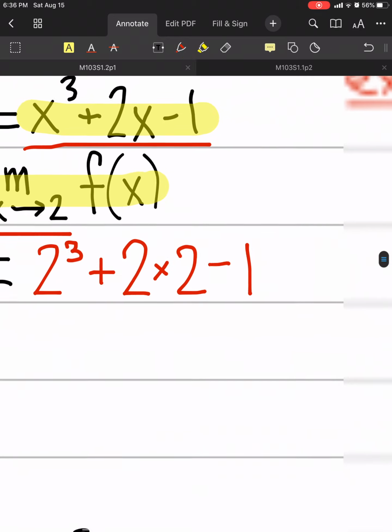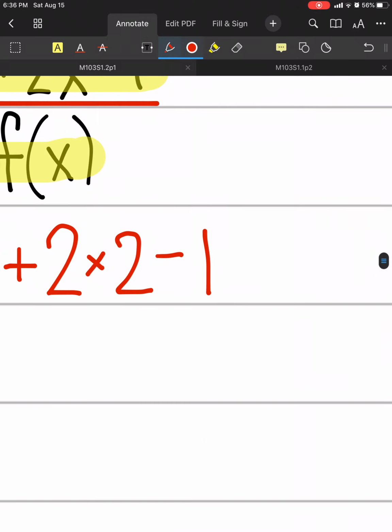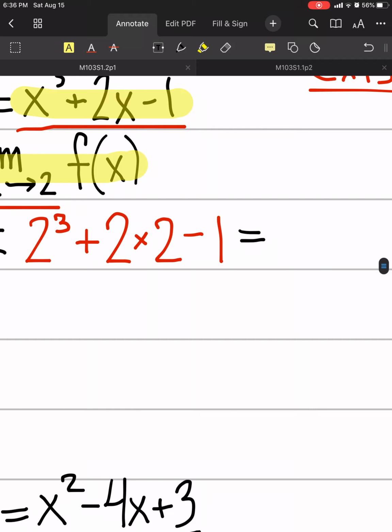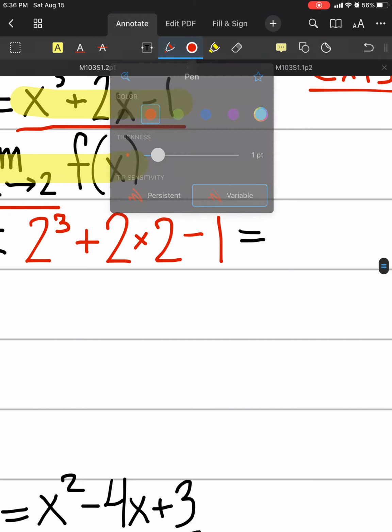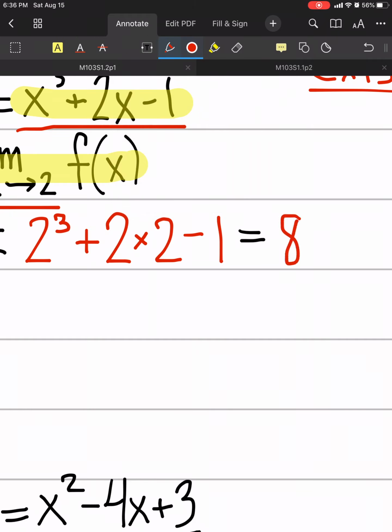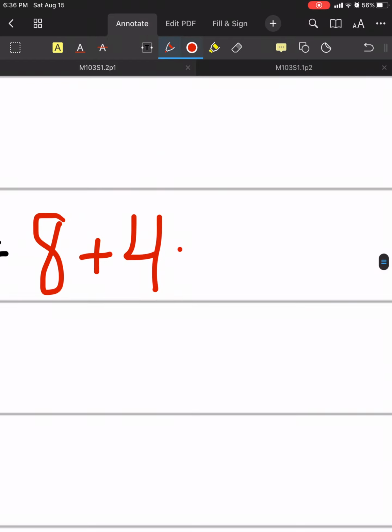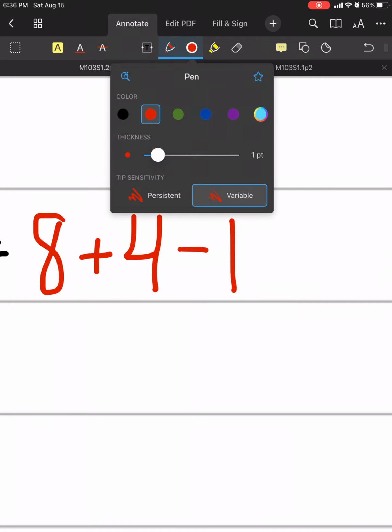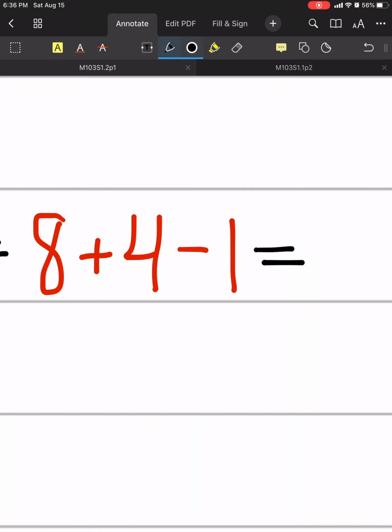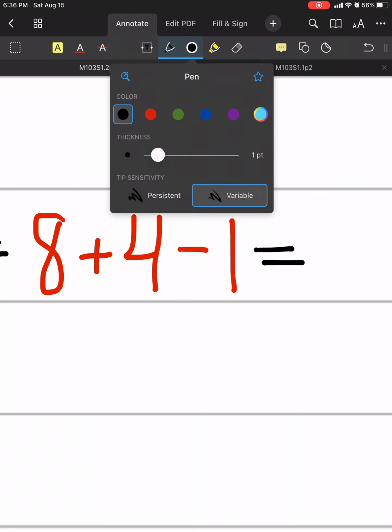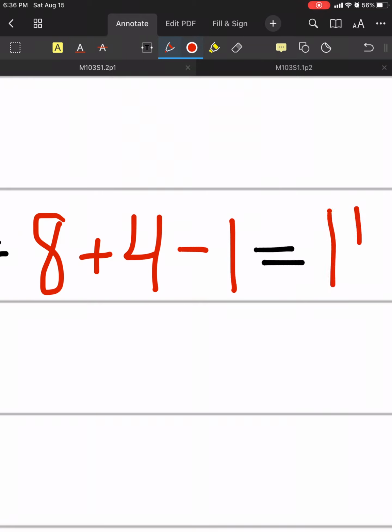If we work this out, that then becomes 8 plus 4 minus 1, which is 12 minus 1, or 11 as our answer.